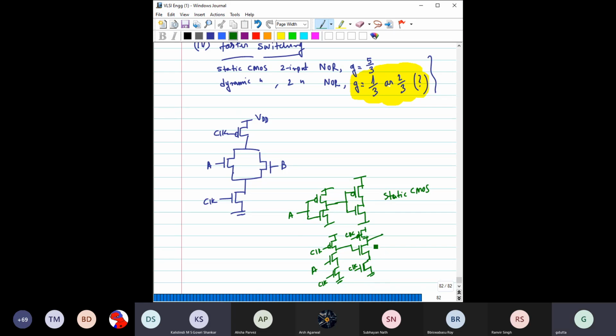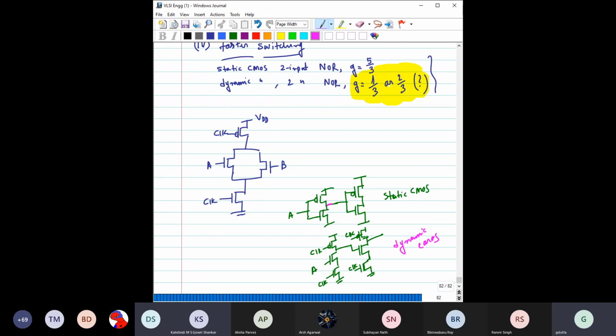Have you noticed something between this static and dynamic? Any difference? The only clock is there, but that is true.